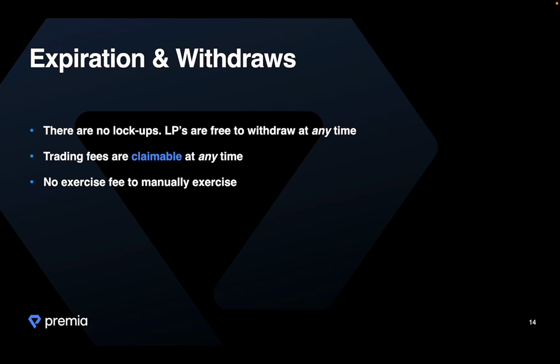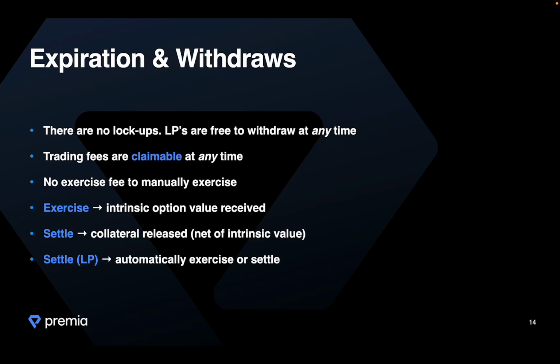I don't necessarily have to remove my liquidity from the marketplace to be able to claim these fees. There's no cost to exercising. So this is something that can be done. Additionally, well, there is a gas cost, but other than that, there is no fee to exercise an option.